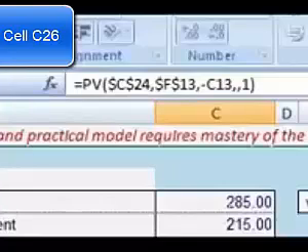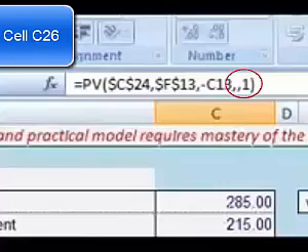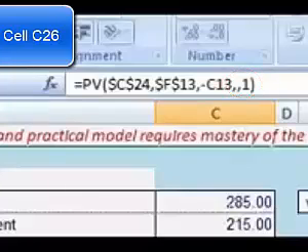The first one you'll notice is right at the very right hand side of the function, where we finish with 2 commas and the number 1. This is because we want to specify that the rents are paid in advance, or in finance terms it is an annuity due, and so we have to specify using the flag 1 at the end of the PV function. You can read more about this in the help on the PV function within Excel itself.